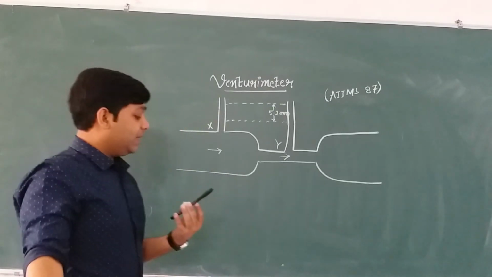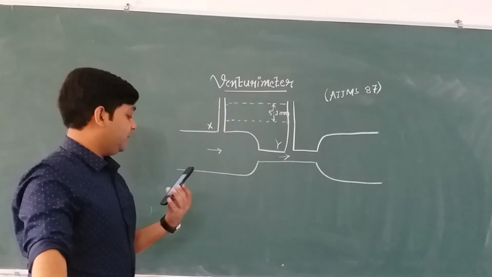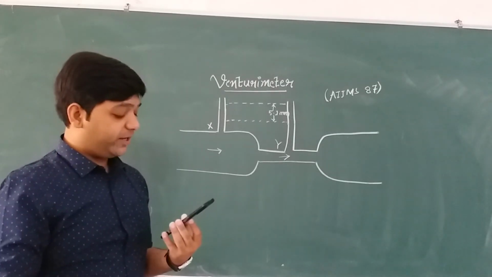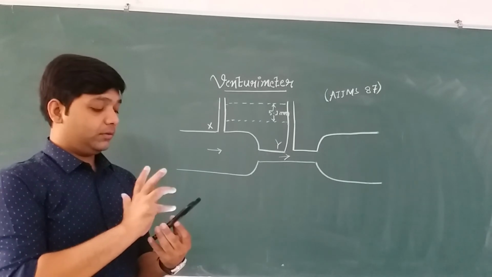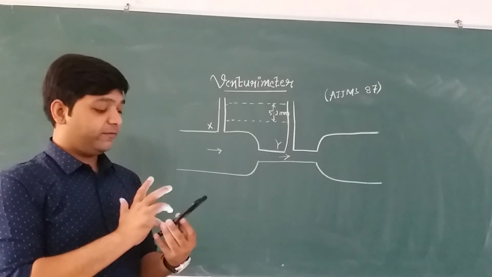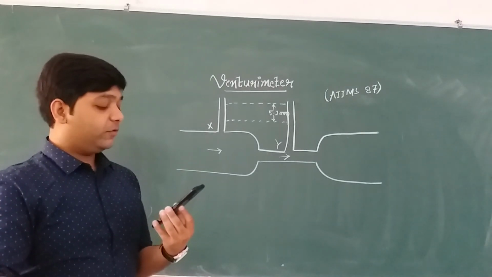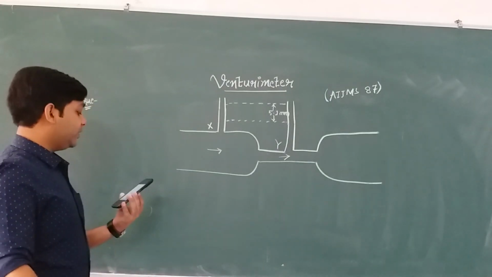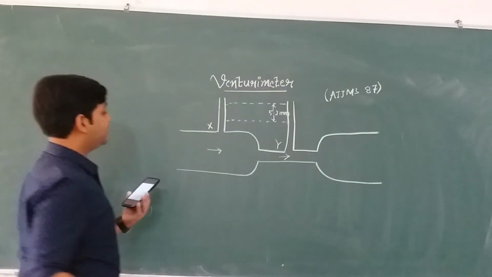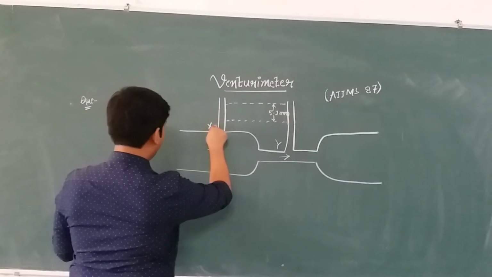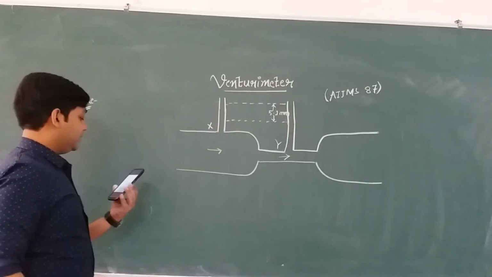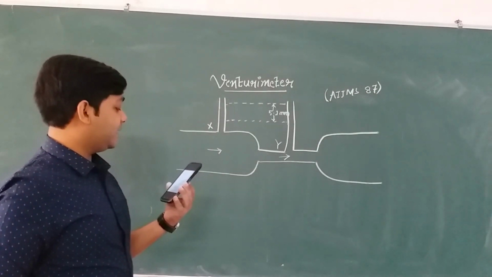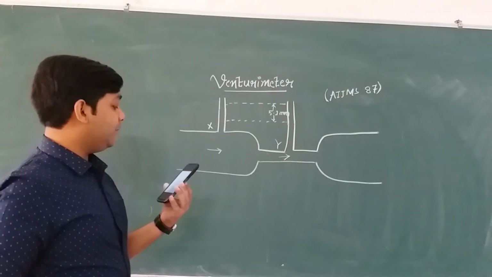Now write down the question. The following figure shows a Venturi meter through which water is flowing. The speed of water at x is 2 centimeter per second.